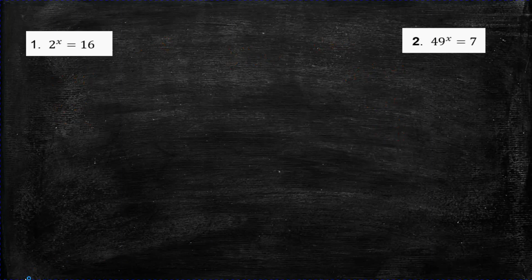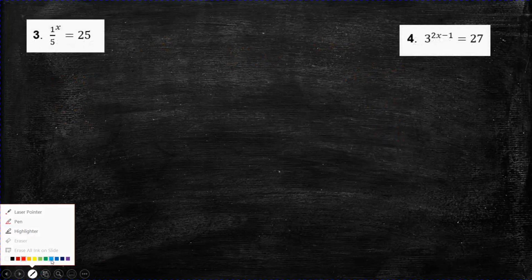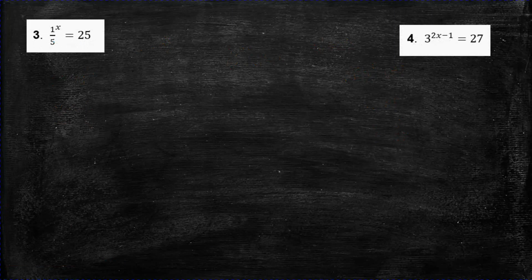Okay, cool. Let's try something new. This time I have 1 over 5 to the x power equals 25. So I need to tweak both of these to find the, forgive me for making up a term here, the lowest common base. I need to get a common base out of this. If you remember the other rules, we've got to know these exponent rules: b to the negative 1 equals 1 over b, and vice versa, 1 over b to the negative 1 equals b.